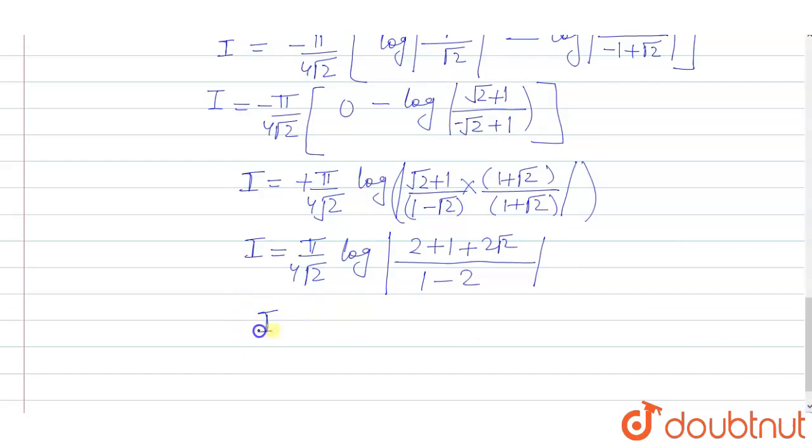So integral I becomes pi by 4 root 2 log of 3 plus 2 root 2 divided by minus 1, so mod, so this becomes plus. So this is the final value of the integral.